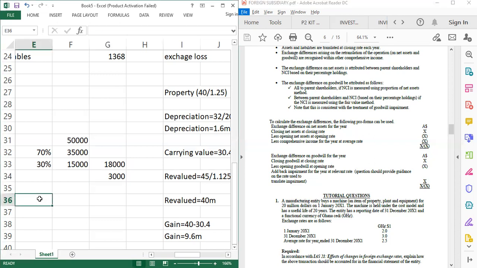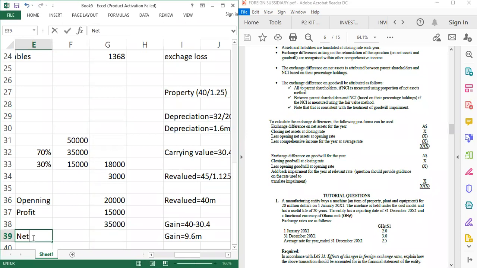Let's come here. Assuming our opening net assets, if you translate it, was 20,000. Our profit for the year, if you translate it, will be 15,000. Under normal circumstances, our closing net assets should have been what? 35,000.